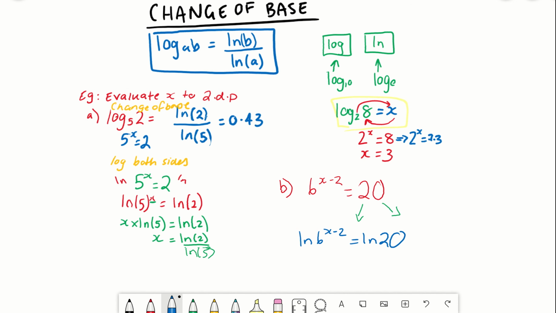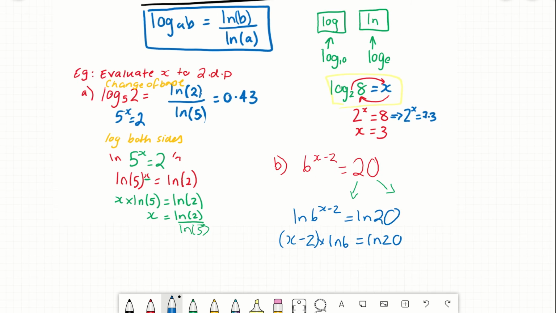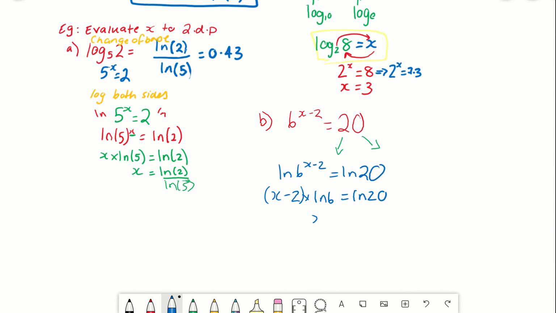And when I have a power, it comes out the front, so x minus 2 times log 6, that whole thing, equals log 20. Then, cleaning this up, I'm just going to take my log 6 to the other side, and my final answer is log 20 over log 6, plus 2.